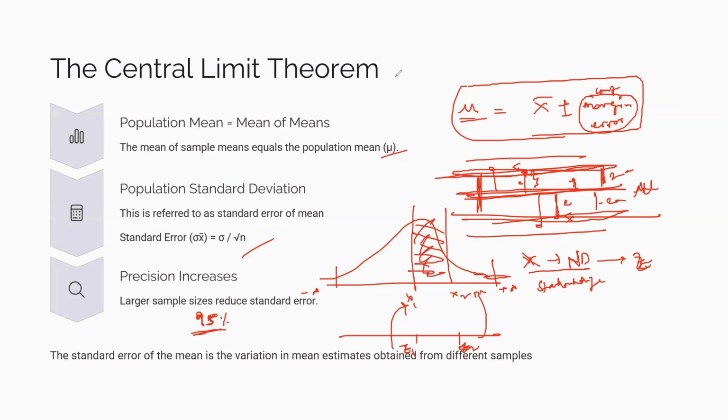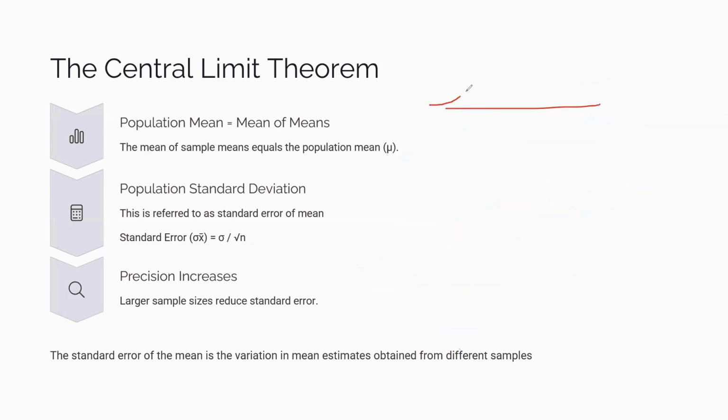Whatever calculations we did yesterday with respect to the Z table, we do the reverse calculation. I know that the area under the curve is 95%, which is 0.95. If I know the area, what will be this value and what will be this value?